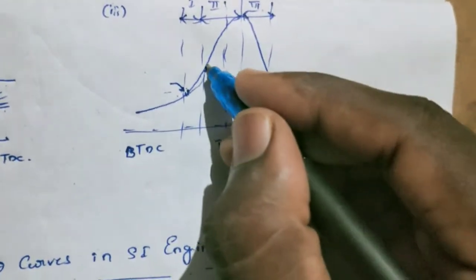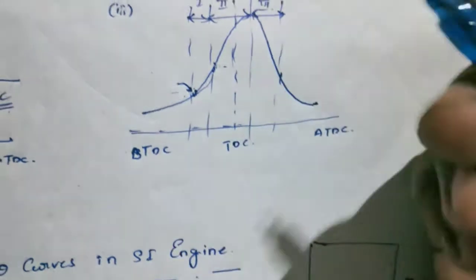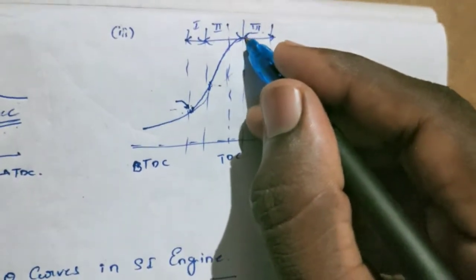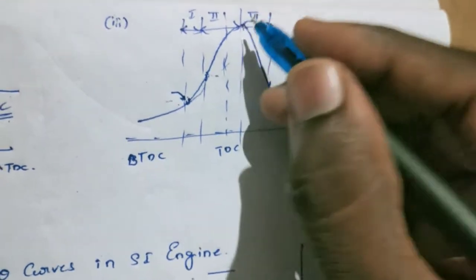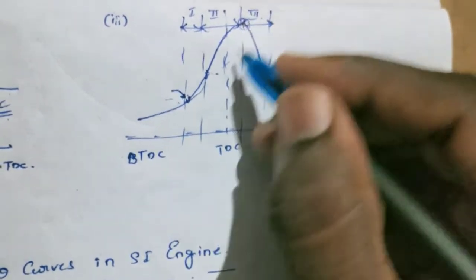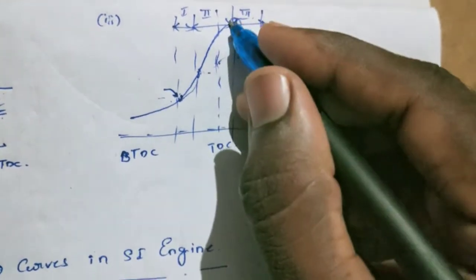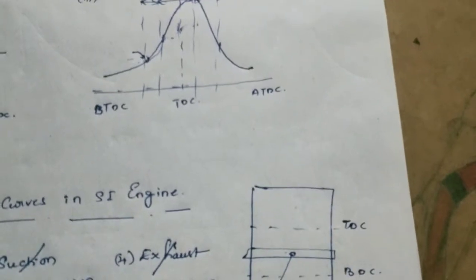When that time has ended, the combustion starts and reaches the peak pressure. This peak pressure should be noted after TDC. Let's discuss this figure.